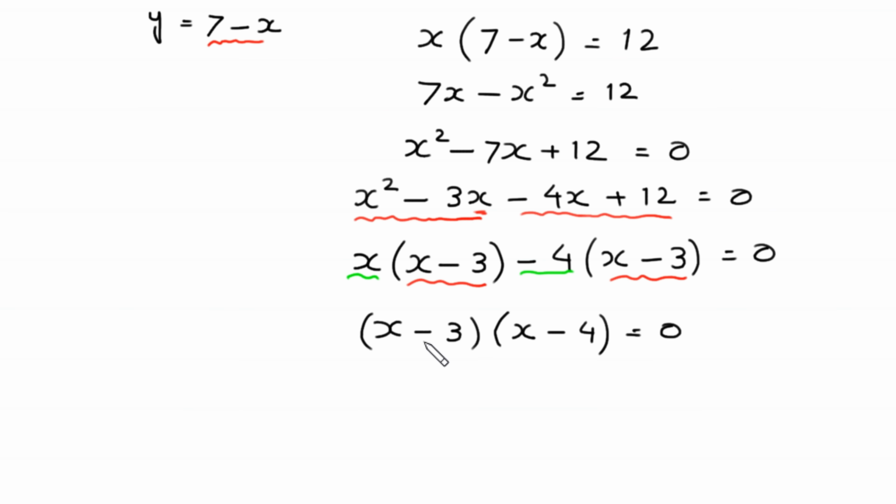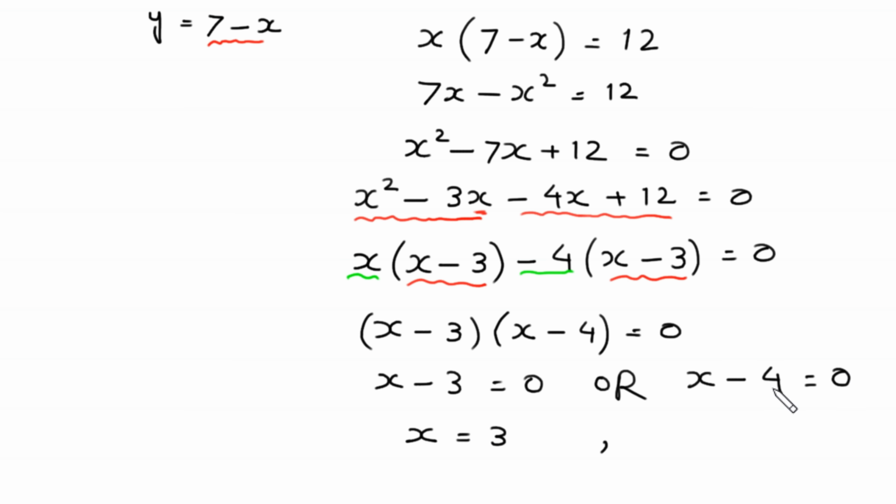Now from here, either this expression x minus 3 is equal to 0, or this expression x minus 4 is equal to 0. From here x is equal to 3, and from here x is equal to 4. Now recall that y is equal to 7 minus x.